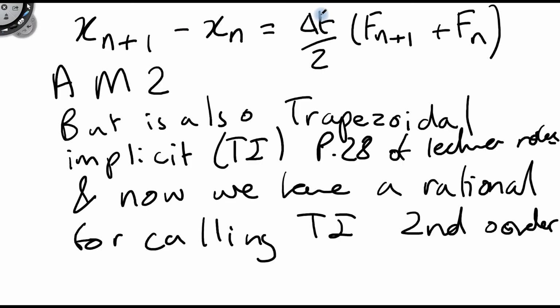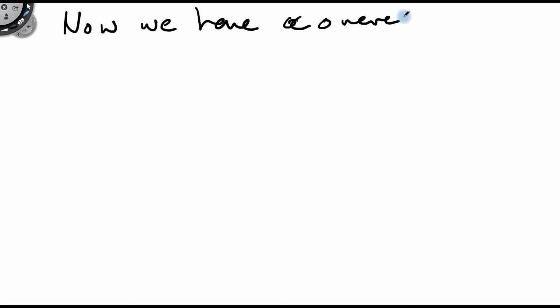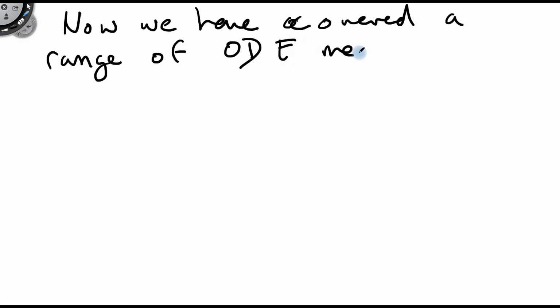I think this would be a good time to actually stop. Now, actually, given I've got a few more minutes, let me just try and write down all the methods we've covered so far. So now we have covered a range of ODE methods, mainly for integrating in time.